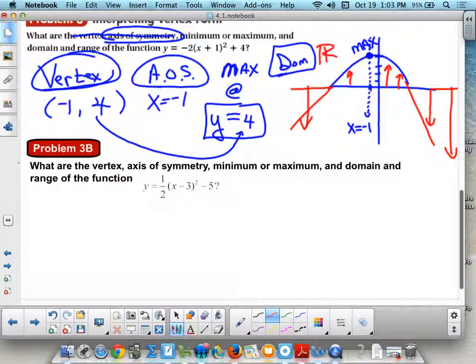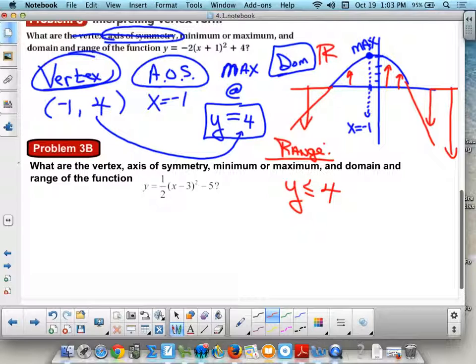Every x value gets an answer. What's the range gonna be? Those would be the y values that came out of this function. Before you leave, you gotta say it. Y is less than or equal to 4. 4 is the highest that ever came out of this function.